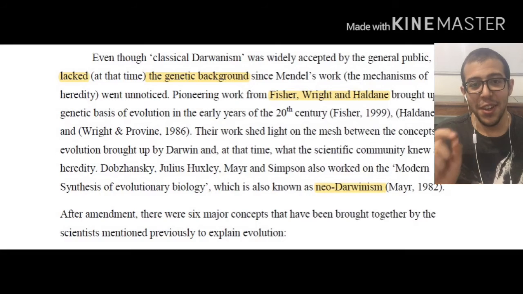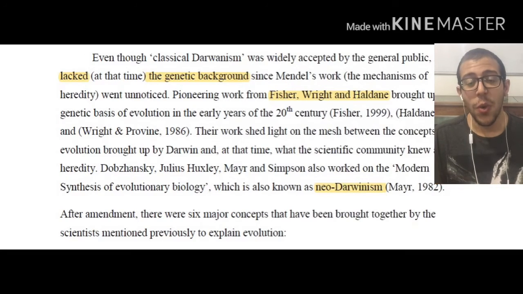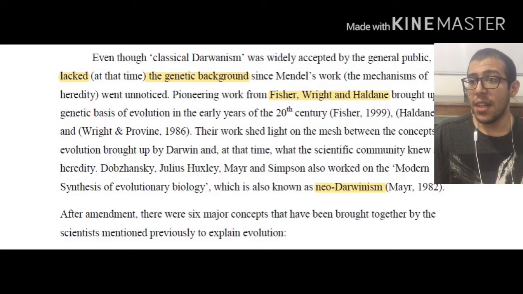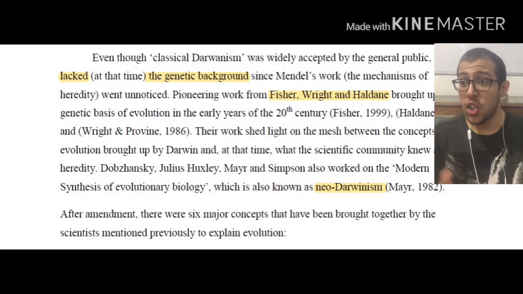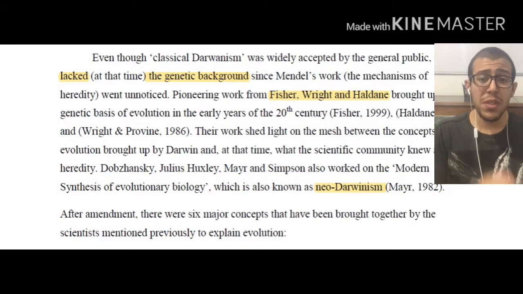Regarding this, there are a couple of controversies, and I'd like you to go and read about this in your own free time, and hopefully in later videos we can discuss that. Next, their work shed light on the mesh between the concept of evolution brought up by Charles Darwin at the time and what the scientific community knew about heredity. So this was very important.